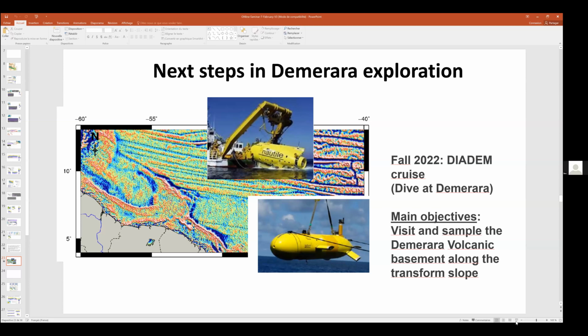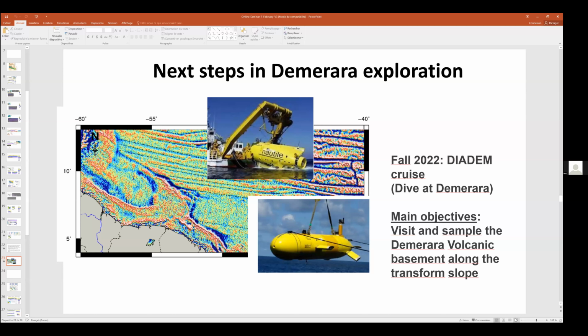Yeah, thank you, Lise, for the nice presentation. My question is, do we have any system on both the Guinea and the Demerara end of the margin that shows where the carbonate platform, that's the post-rift of the Jurassic opening of the Central Atlantic, the delta system that progrades and shuts the carbonate platform?